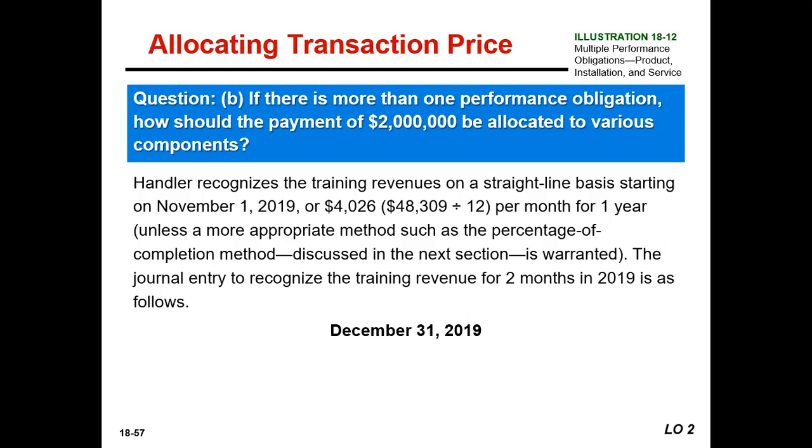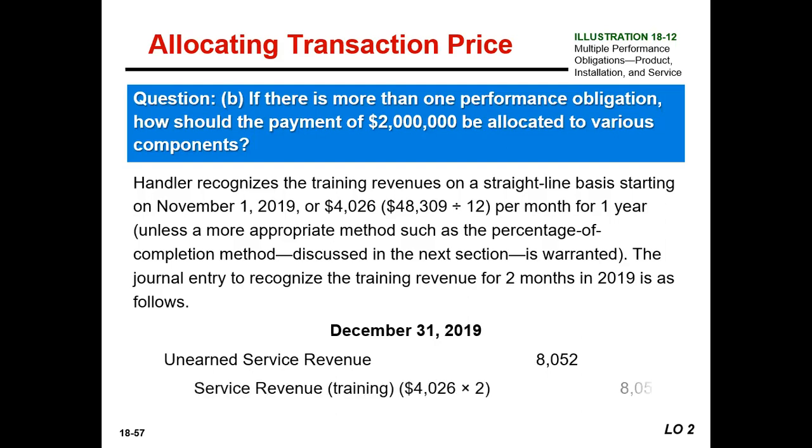As of December 31, this is our adjusting entry, for a total of 4,026 for November and 4,026 for December. So this is a case wherein we don't recognize all the time it's a revenue. That's why we have an asset liability agreement here.